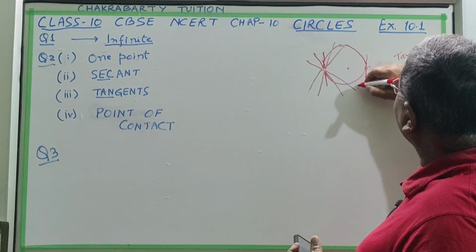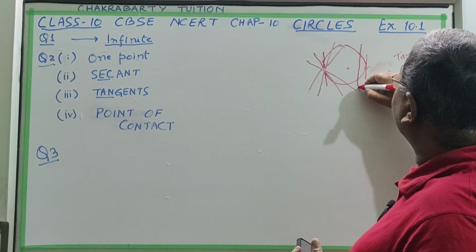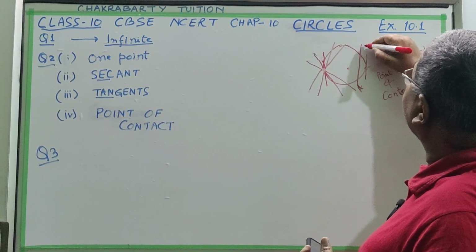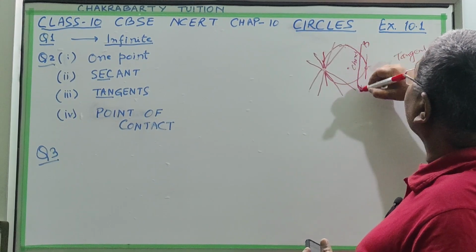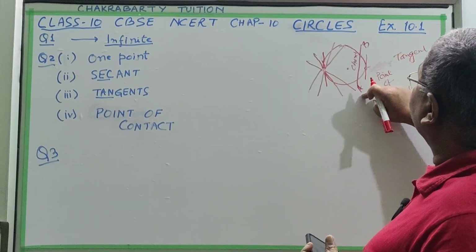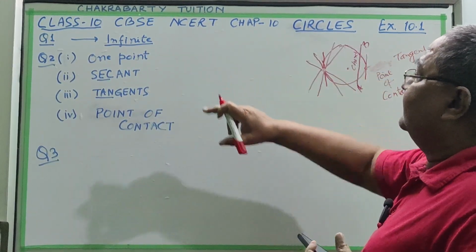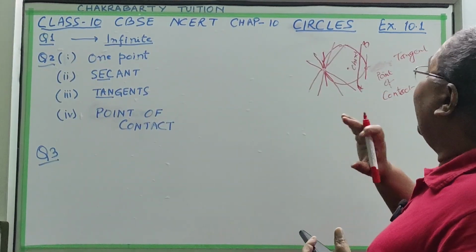Secant means any line which is going through the circle, from this side. Suppose this is chord AB. This line is called a chord. Any chord which cuts the circle from this side to that side is a secant. You have studied sec and tan in trigonometry, but this secant is different.